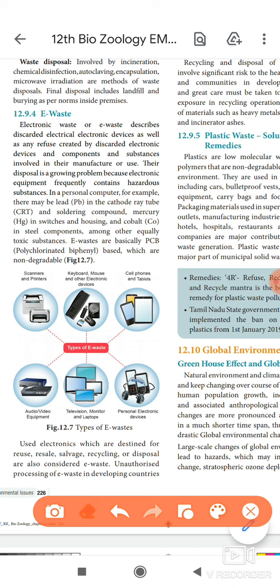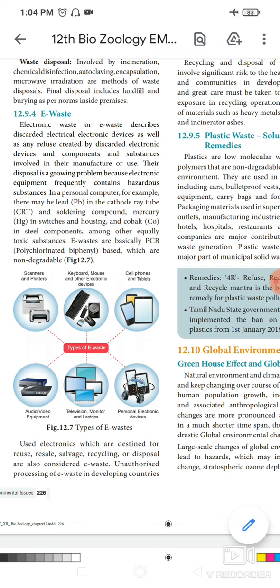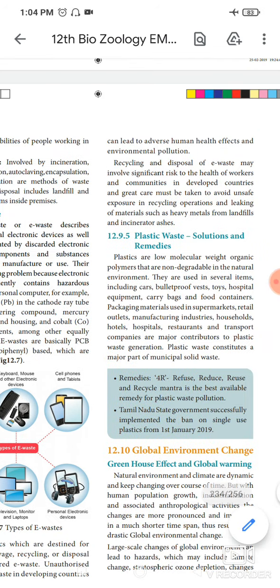Okay, here the used electronics which are destined for reuse, resale, salvage, recycling or disposal are also considered as e-waste. Unauthorized processing of e-waste in developing countries can lead to adverse human health effects and environmental pollution.